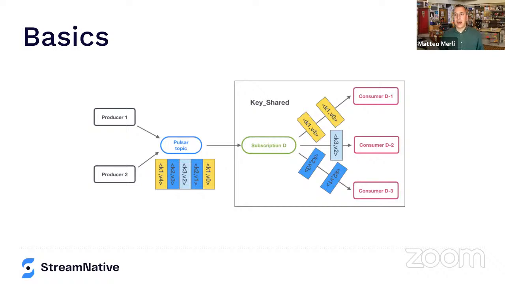We use hashing on the key to make sure that whenever we want to dispatch a message to any of the consumers, we take the hash of the key and we decide which consumer is selected for that hash range, so that will ensure that the same key will go to the same consumer.